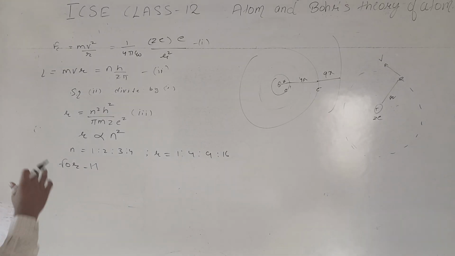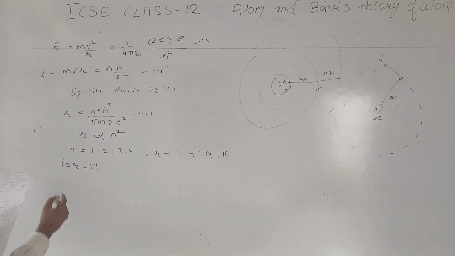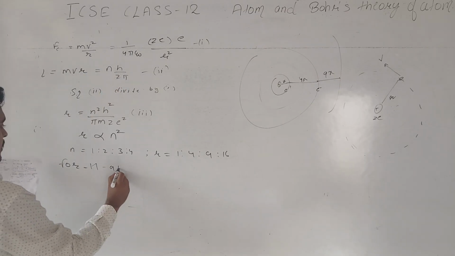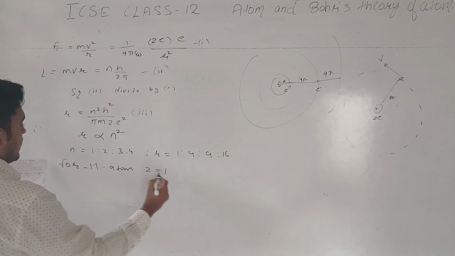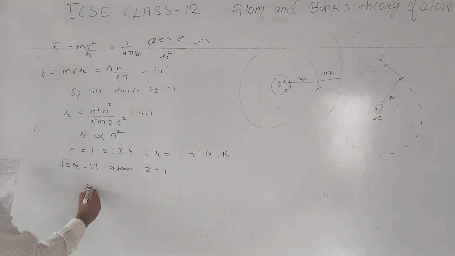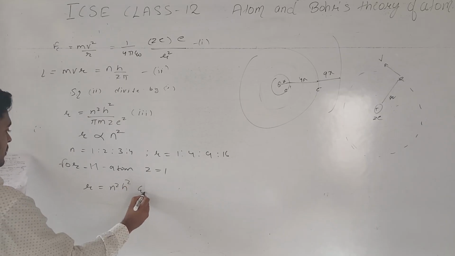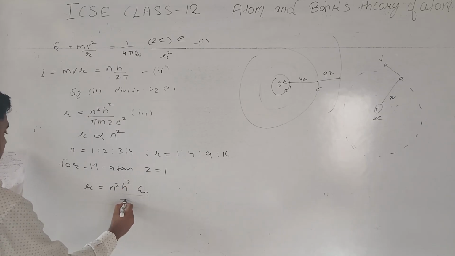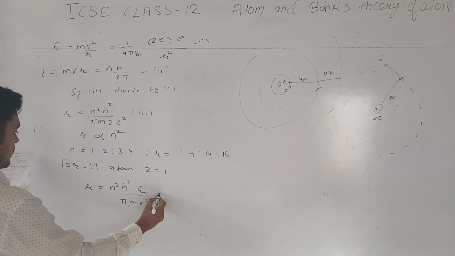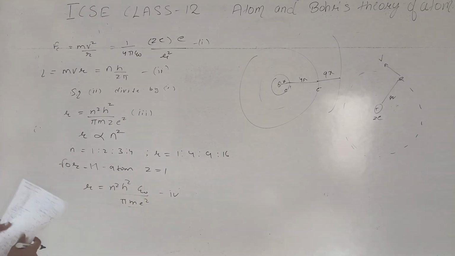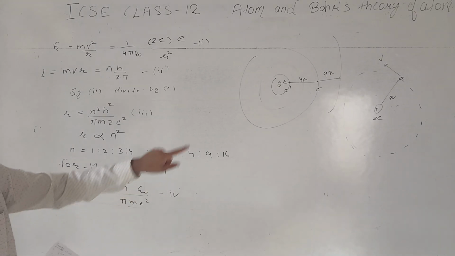It is only about changing the value of Z. So for hydrogen atom, Z is equal to 1. Because Z is equal to 1, r will become n squared h squared epsilon naught upon pi m e squared. So this is our fourth equation. This is the radius for the hydrogen atom.